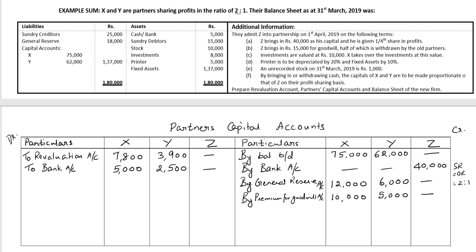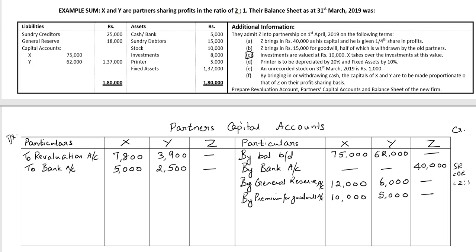We need to deal with the point C, which says investments are valued at rupees 10,000 and X takes over the investments at this value. So for taking over the investments, the journal entry, investments has a debit balance because it's an asset, and when X takes it over, you need to credit the investments account and debit X's account.